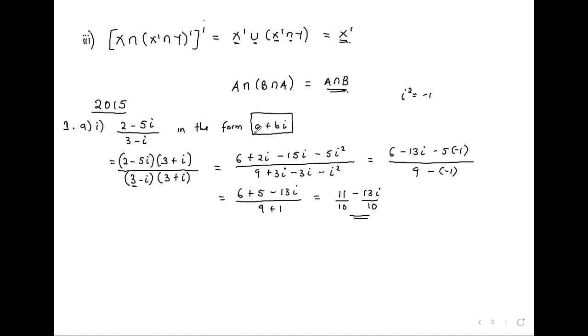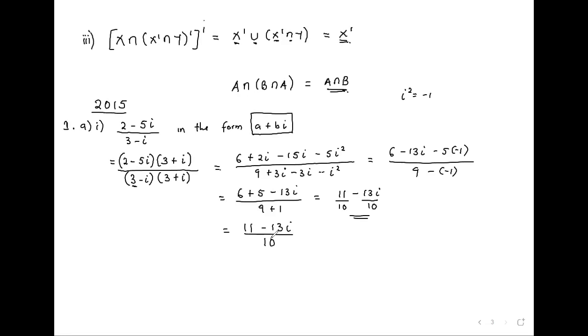Yes, but there's an addition sign there, and that's a minus, and it's a fraction. It was 11 minus 13i over 10.